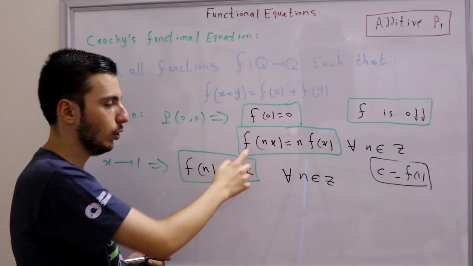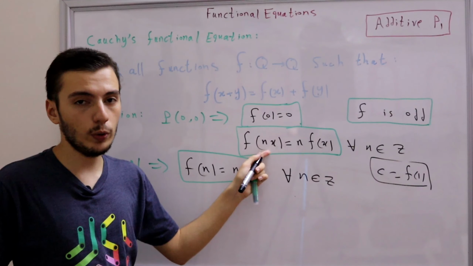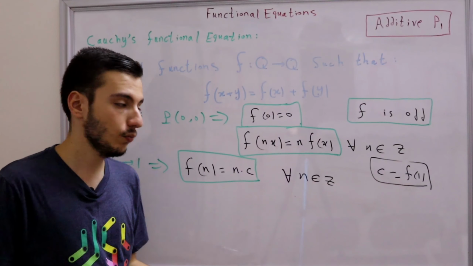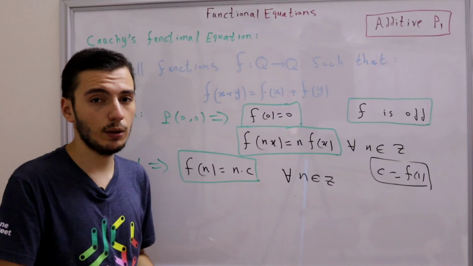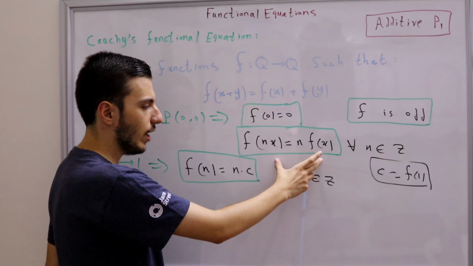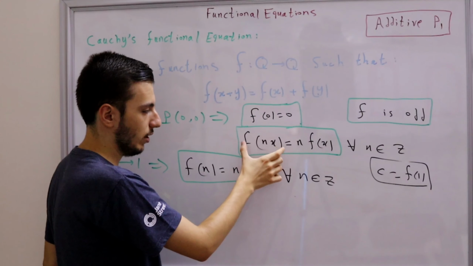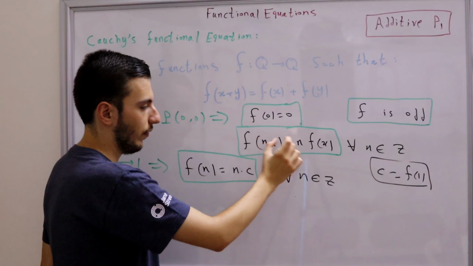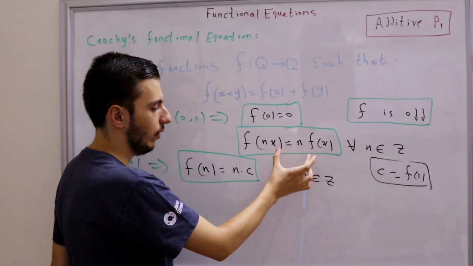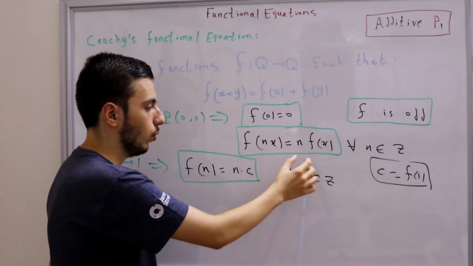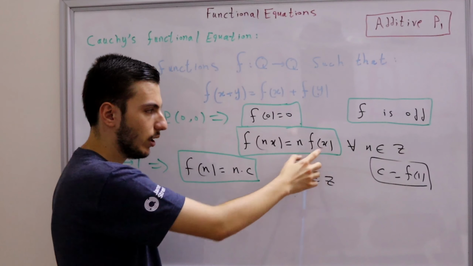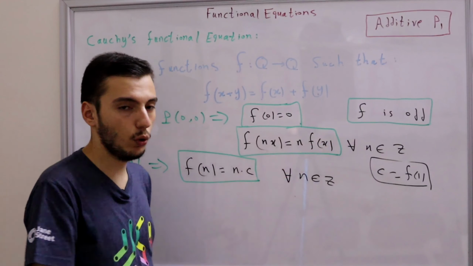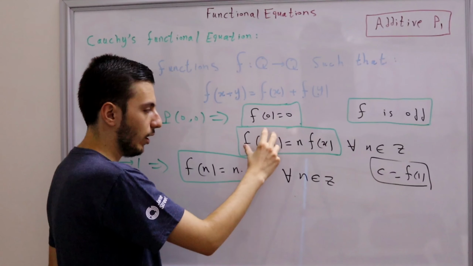But what about using the same x to show it for rational numbers? So the idea is that f of nx is linked to f of x, right? So if I can find the value of one, I can find the value of the other. So here, by substituting x with a rational number, this will be f of the rational number which we want to evaluate. But we can make this an integer.